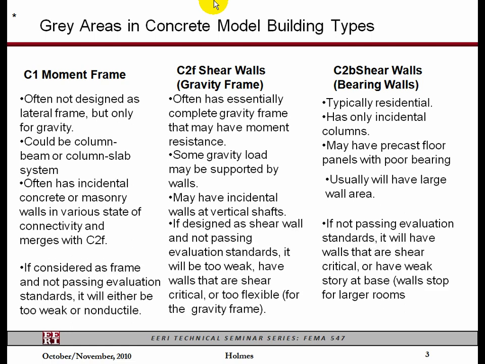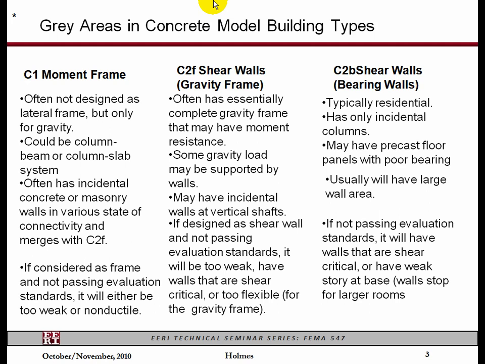And the concrete frame, if it's considered a frame, if you actually analyze the frame and it's not passing the standard ASCE 31 or whatever, it's probably because it's too weak or it's non-ductile. Those are going to be the classic deficiencies.